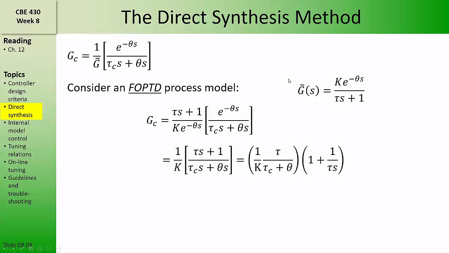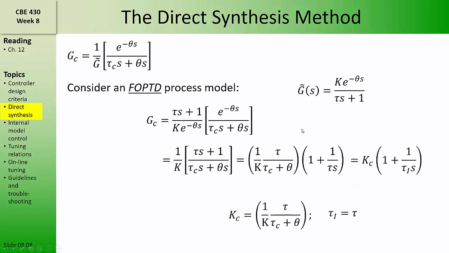This is why we always want to include a time delay in the direct synthesis method if our process has a time delay. With a little bit of algebra, we can rewrite this controller transfer function as a constant multiplied by a 1 plus 1 over tau s term. You should recognize this functionality of s as a PI controller, where this group of constants represents the controller gain, and tau represents the reset time for the integral element.